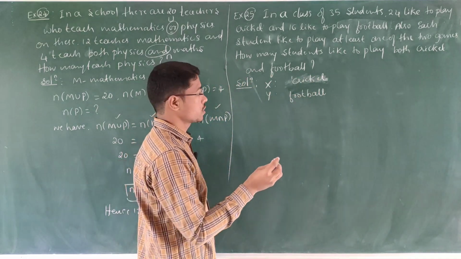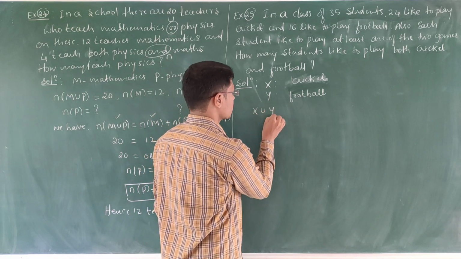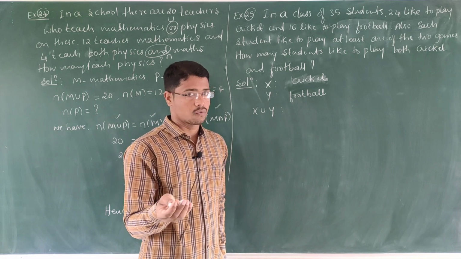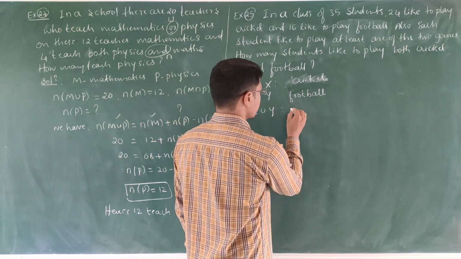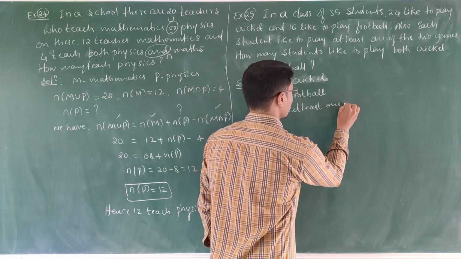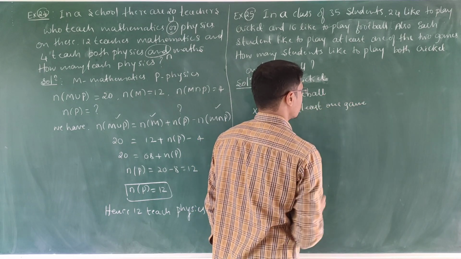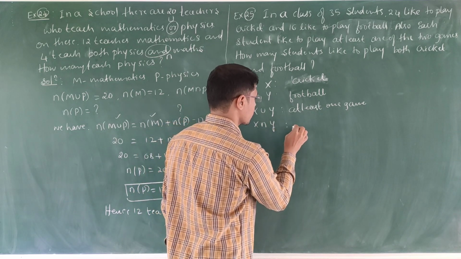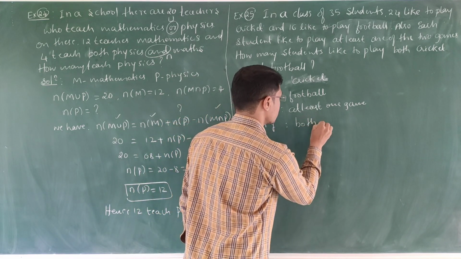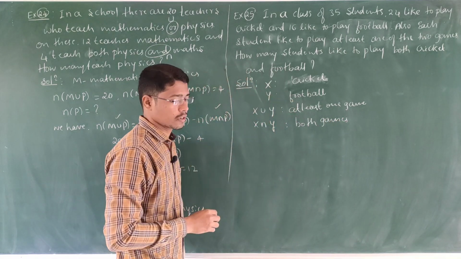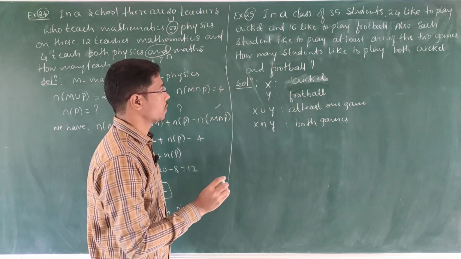Next, X union Y is at least one game, who like to play at least one game. Then X intersection Y is both games, so this gives the number of both-games players. Now write the given.